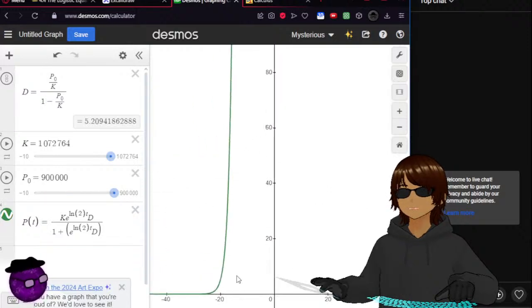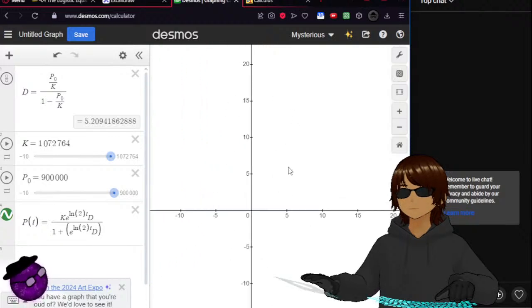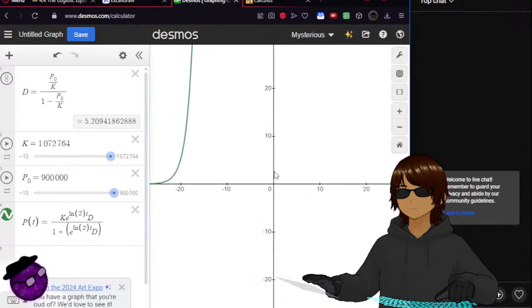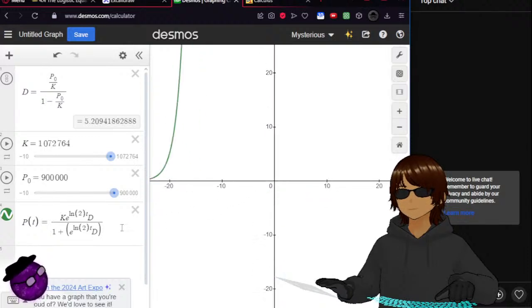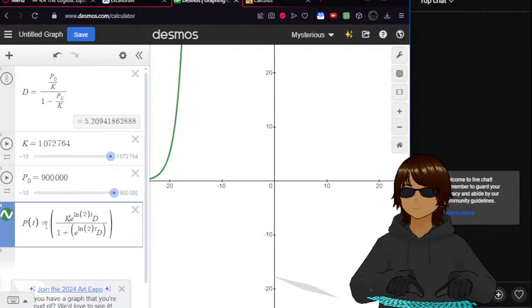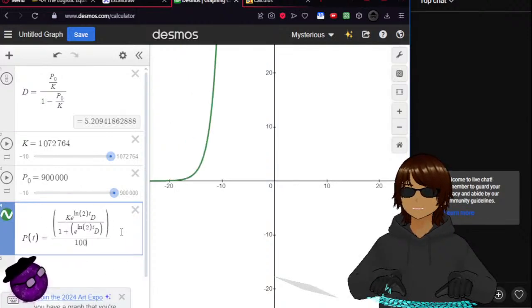Where is the population? Oh, it's too high. I just divided by a million. Population divided by.